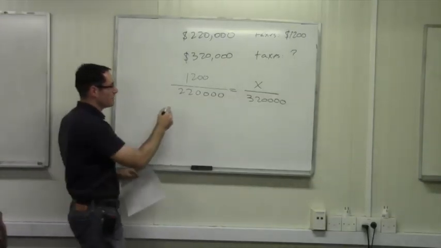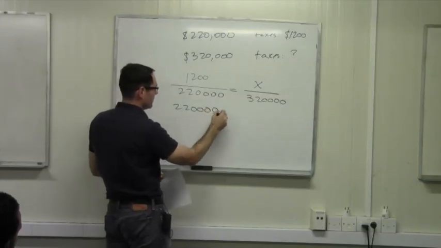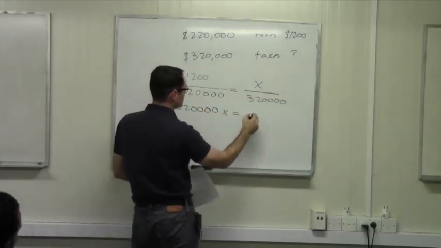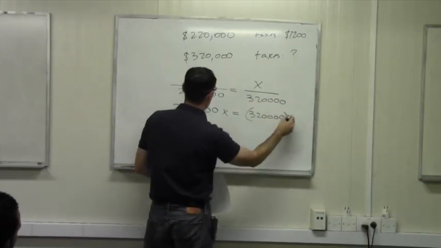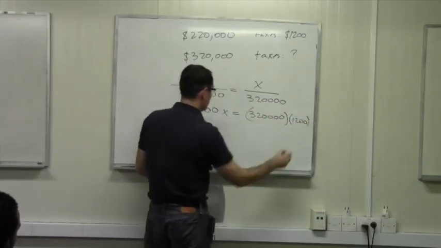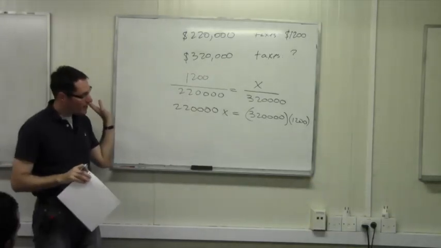Cross multiply. 220,000 x equals 320,000 times 1,200.